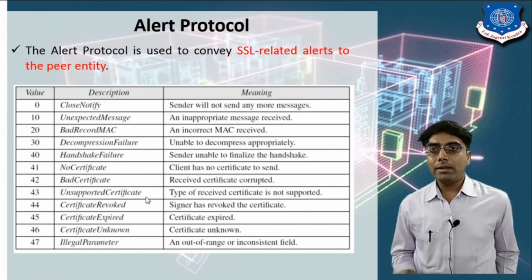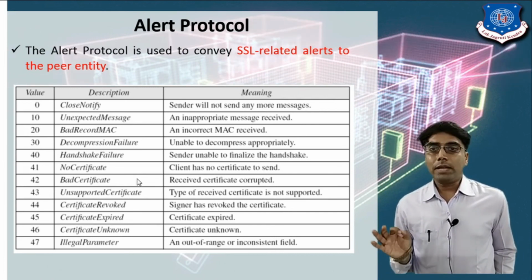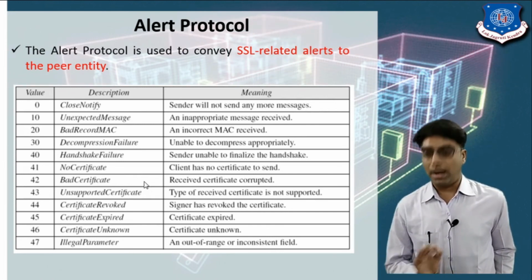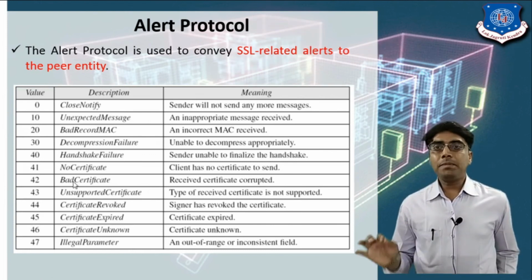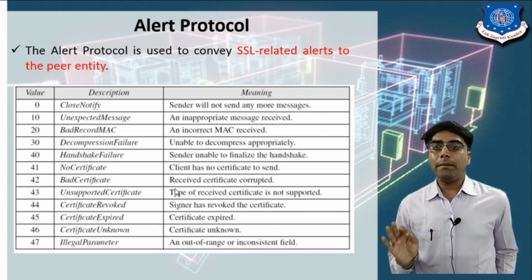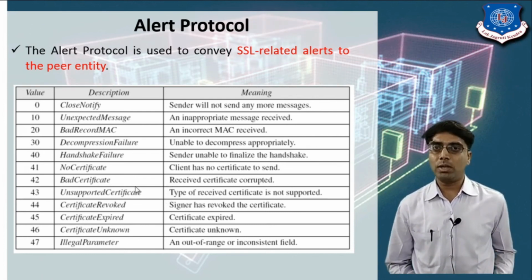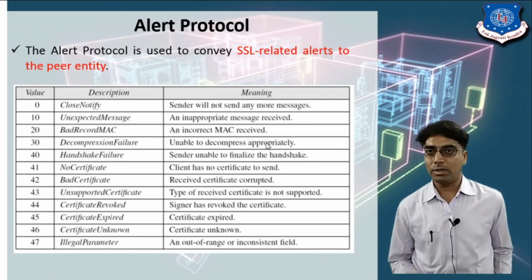The second byte contains the code that indicates the specific alert. If the level is fatal, it immediately terminates the connection. It means that we can then produce a new connection from the client to the server.